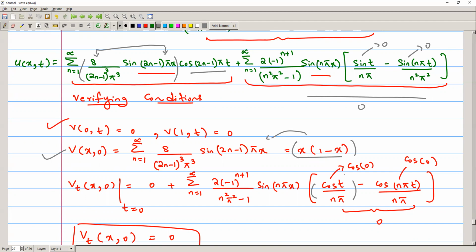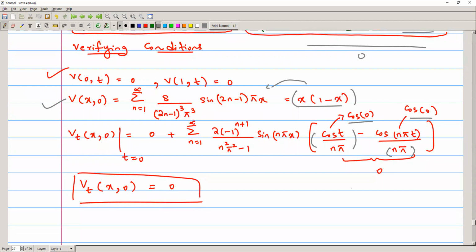So n pi will cancel with one n pi here, so we're left with n pi in the denominator. Therefore, if we put t equal to 0, this will be cos 0, so it's 1. So 1 over n pi minus 1 over n pi is 0. And therefore, this whole will become 0. So v_t(x,0) is also equal to 0, right? So the conditions are verified.